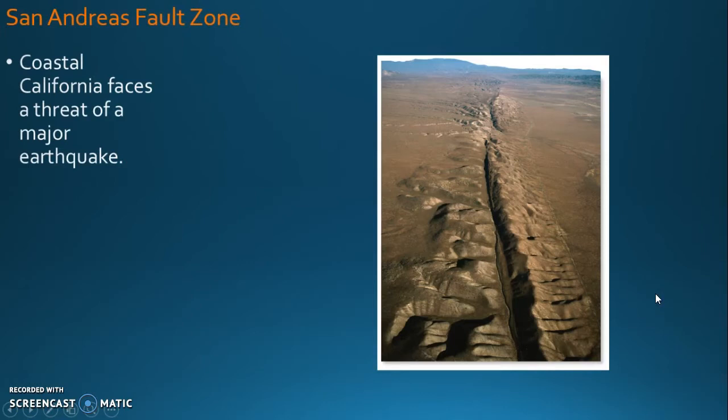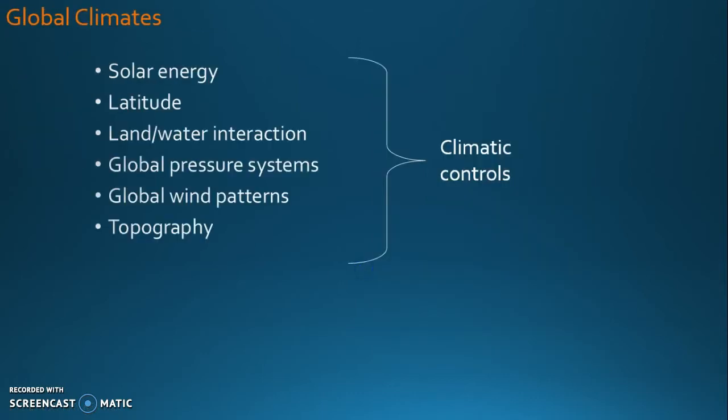Here is a picture of the San Andreas Fault, which is our local expression of a plate boundary and a source of danger because of the earthquakes that may be caused by the fault.